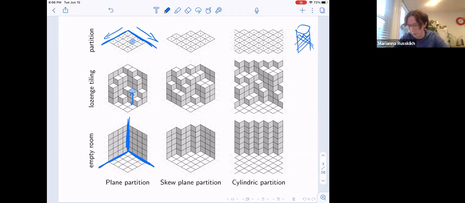Yet again, with non-zero integers in such a way that when we move away from the border of a half cylinder, the numbers do not increase, and also we ask that the total number of non-zero entries is finite. Note that in this case, one can also think about a cylindric partition as a stack of cubes in a corresponding empty room.